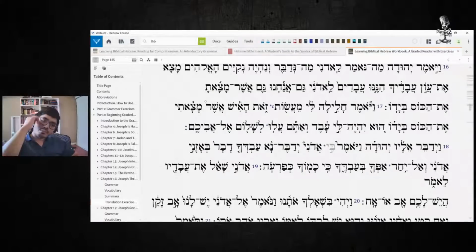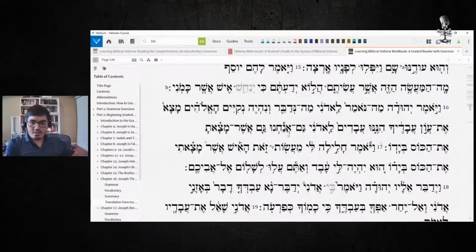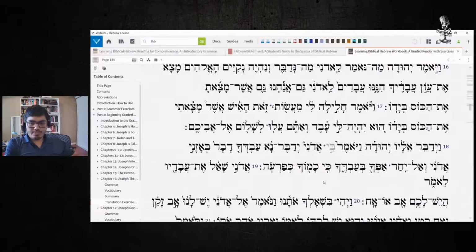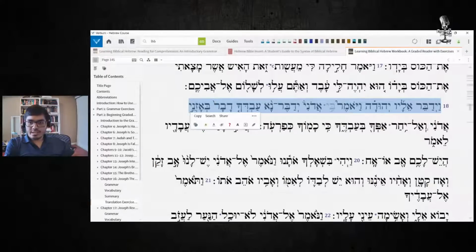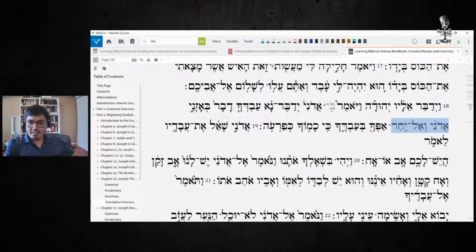So the brothers all said that they would all be slaves collectively, but Joseph said, no, only Benjamin will be the slave here. And then in verse 18, Vayidaber elav Yehuda, vayomer bi adoni, yedaber na avdecha davar be'ozni adoni, v'al yichar apcha be'avdecha ki kamocha k'Paro.